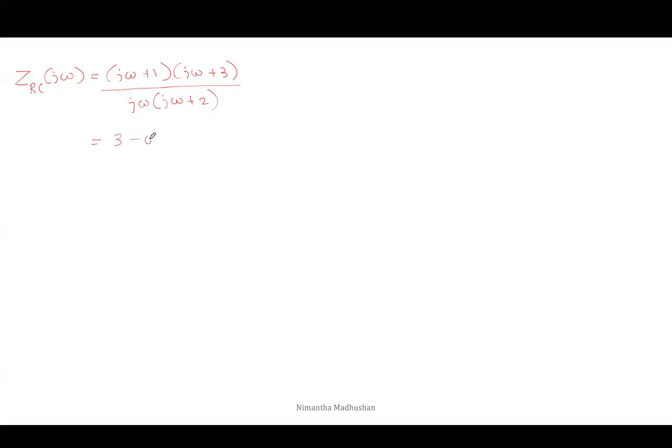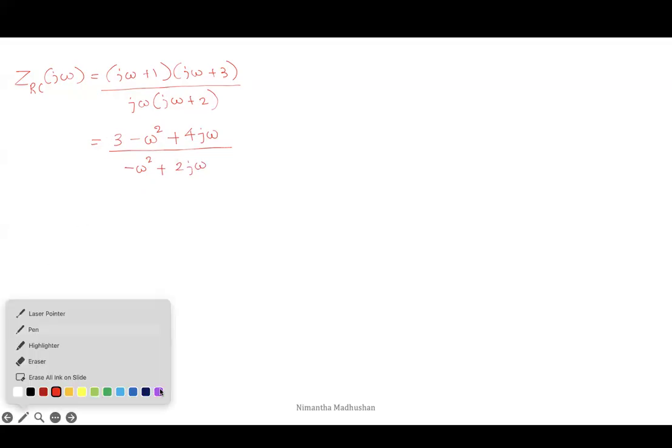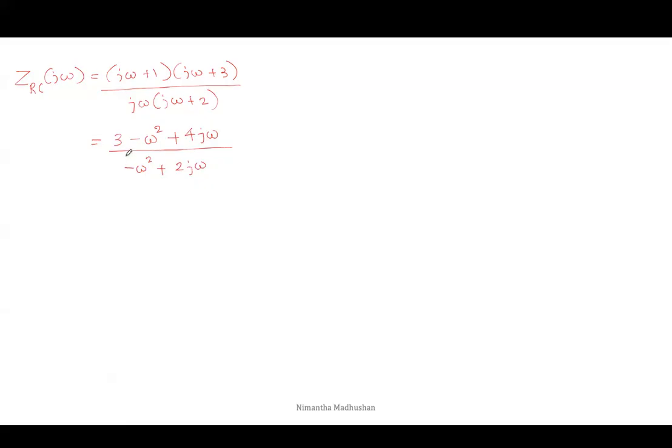The numerator is 3 minus omega squared plus 4j omega, and the denominator is minus omega squared plus 2j omega. To obtain the real part, we have to multiply both the numerator and denominator by the complex conjugate of the denominator, minus omega squared minus 2j omega.